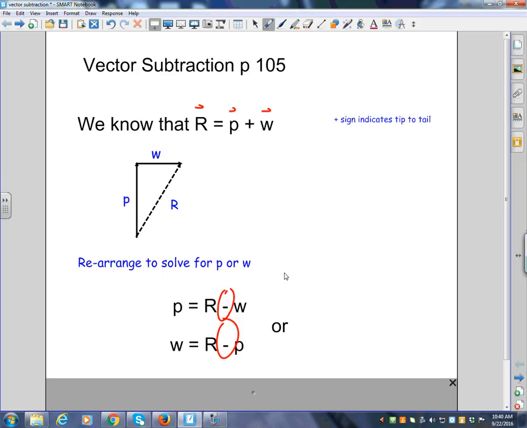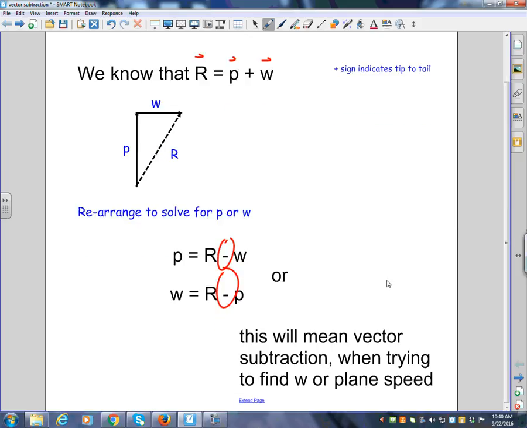When we solve for the plane speed or when we solve for the w, we end up with subtraction. So that's how you know to do subtraction. I repeat, that's how you know to do subtraction, because you're solving for the plane or solving for the wind. This will mean vector subtraction when trying to find the wind or the plane speed.